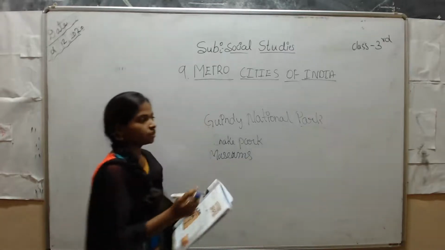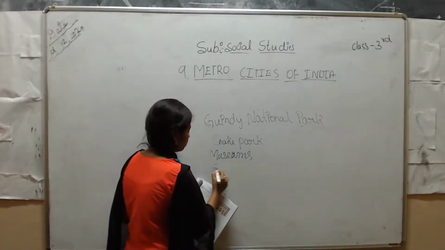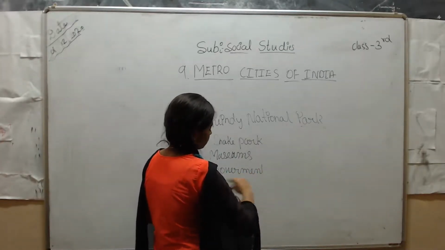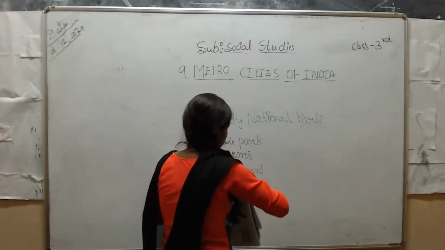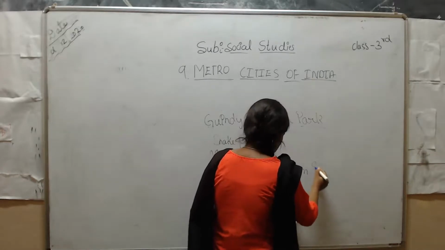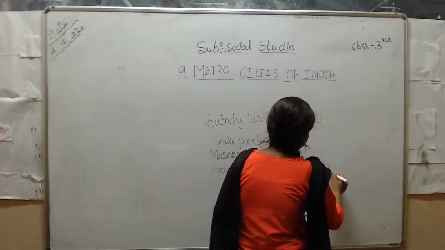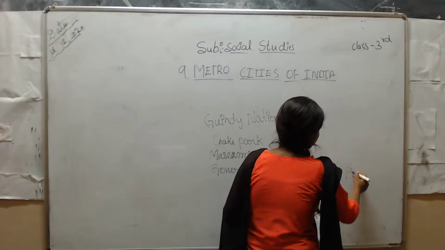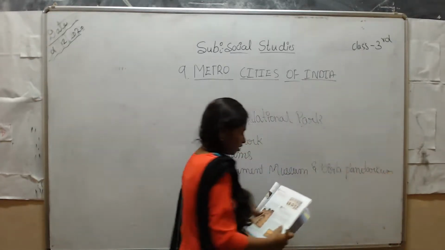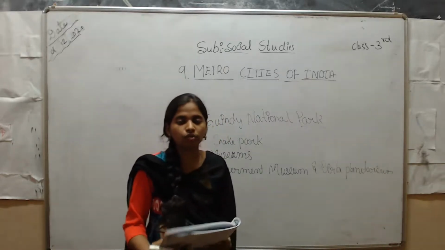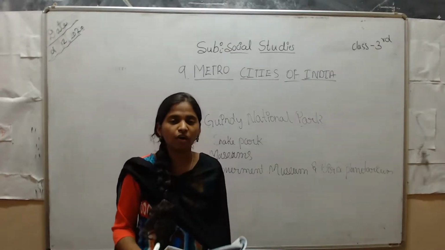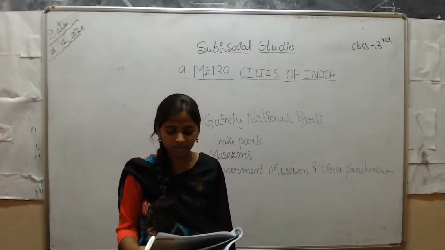Among them, the two important museums are the Government Museum and Villa Planetarium. In this Government Museum, you can see a huge reading room, as well as 46 galleries present in this museum.